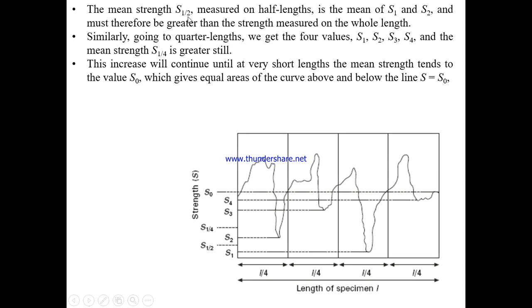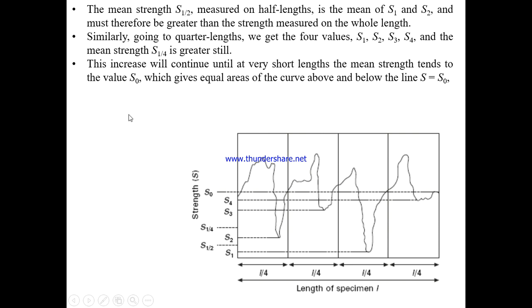Mean strength S half, measured on half length, is the mean of S1 and S2 and must therefore be greater than the strength measured on the whole length, which is S1. So S half will always be greater than S1.